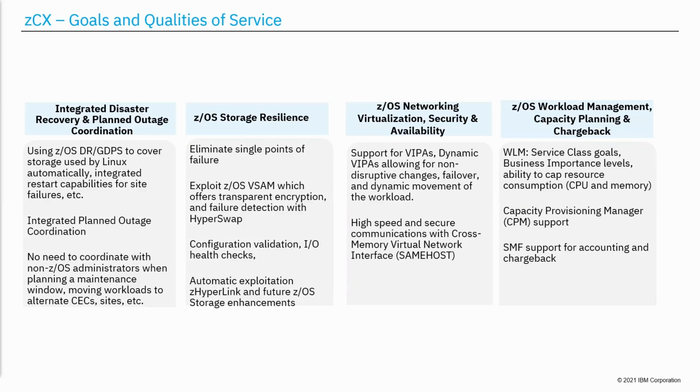And as a result, we're able to take advantage of all of the features that VSAM linear data sets have, such as HyperSwap and HyperLink and pervasive encryption, and the list goes on and on. All the things that you normally take advantage of.